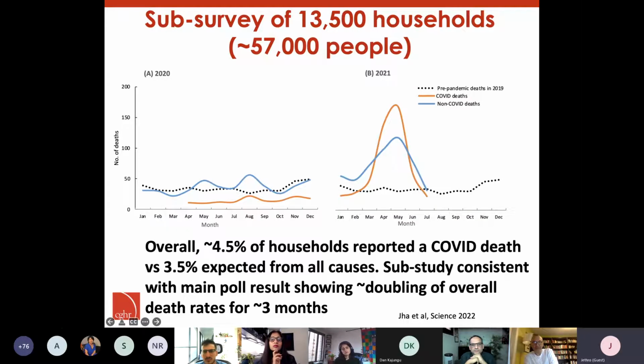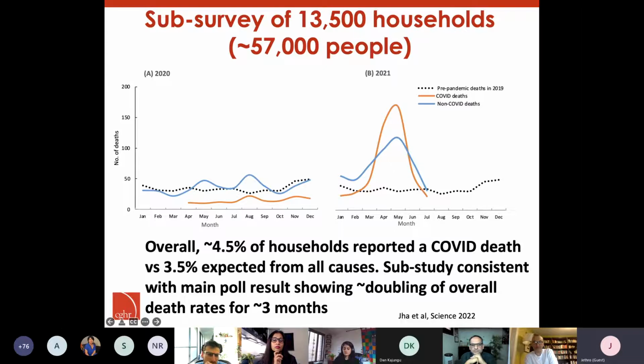And when we look at the patterns and see if houses reported COVID deaths or non-COVID deaths, according to their understanding, you see that in 2020 there was this paradox that in fact non-COVID deaths were greater than COVID deaths. But in 2021, COVID deaths, shown in the orange, were far greater than non-COVID deaths.